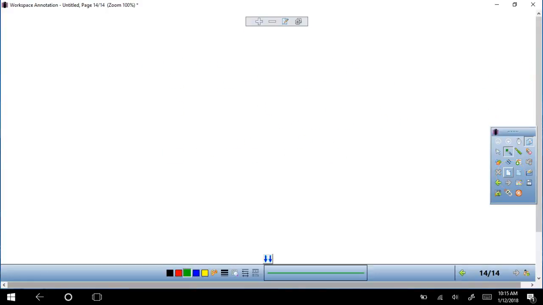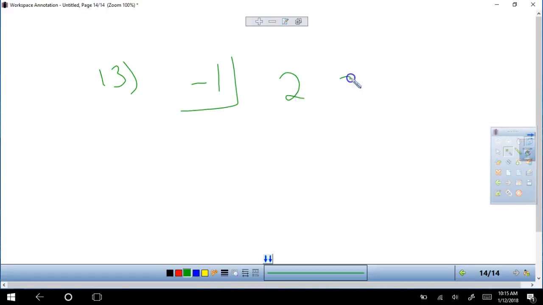13. Synthetic division. Should we use long division? Alright, so 13. You guys can see the problem. So I go opposite of what I'm dividing by up in that box. Then I put my coefficients. No placeholders needed on this one.